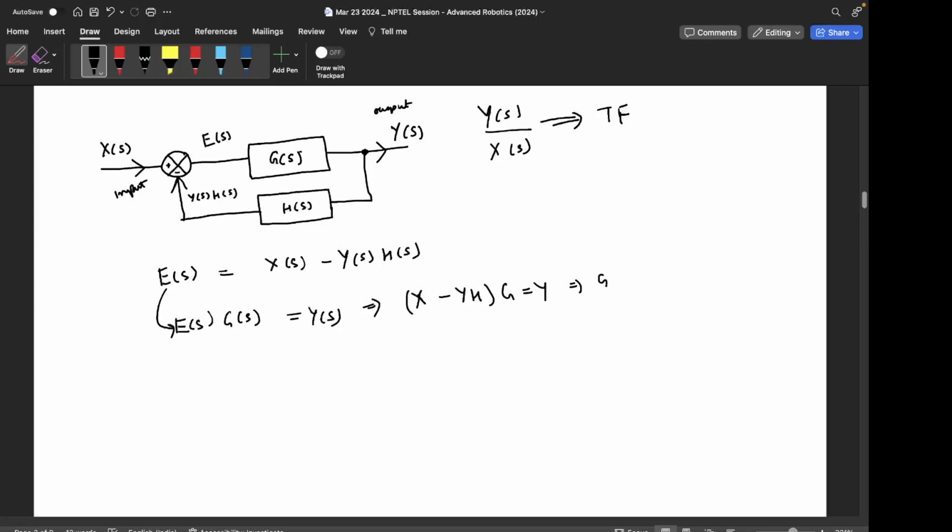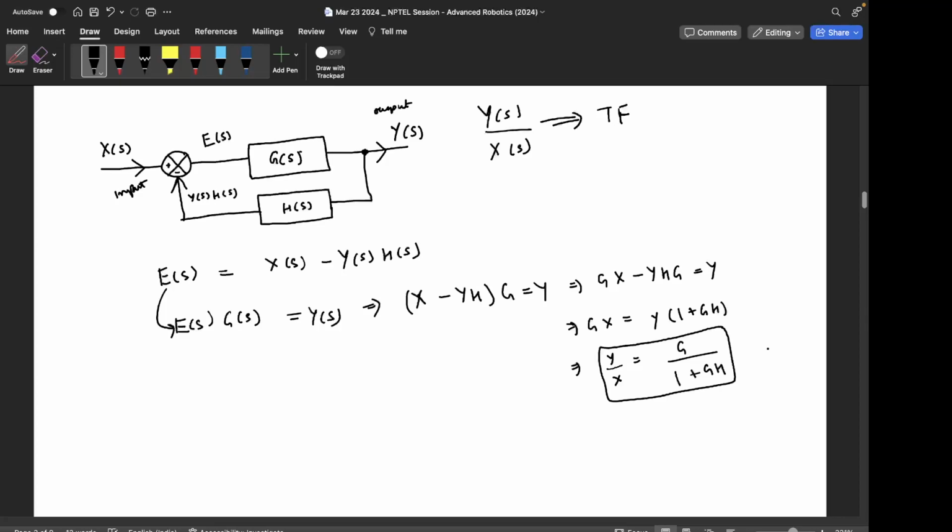So just expanding, you get GX minus YHG is equal to Y, that is GX is equal to (1 plus GH) Y, that means Y by X is G by (1 plus GH). So this is the transfer function. Any doubts in this?